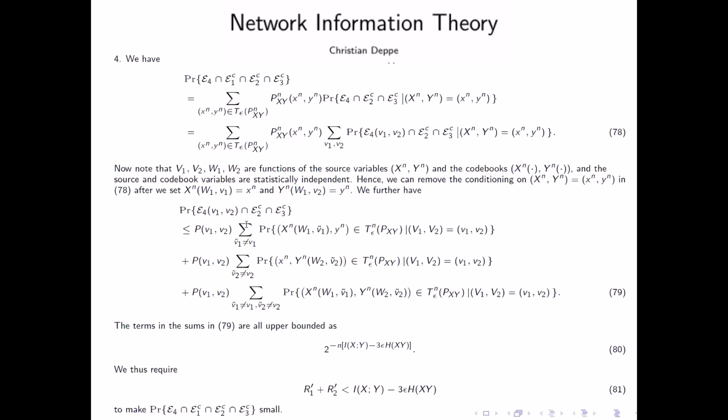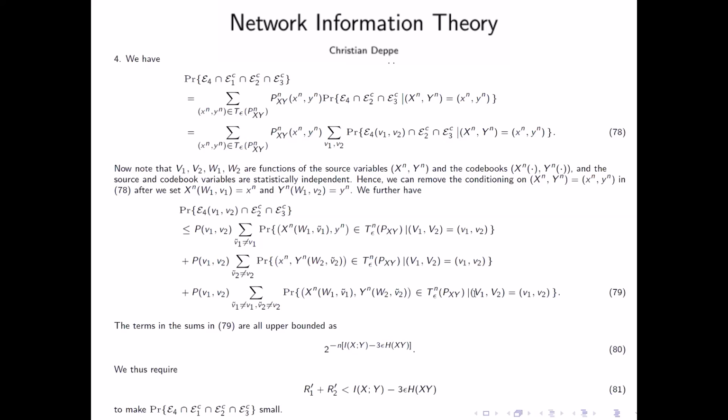Now we look at the probability of v1, v2 times that v tilde 1 is unequal v1 under this condition, and that v tilde 2 is unequal v2 under this condition, and the sum over all v tilde 1 unequal v1 and v tilde 2 unequal to v2. So both things are true.